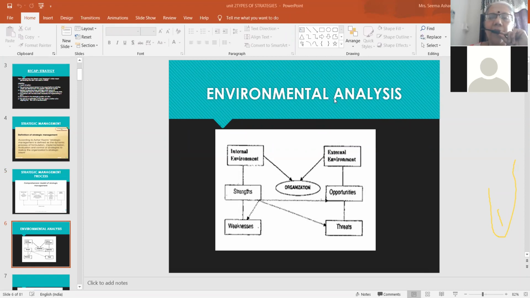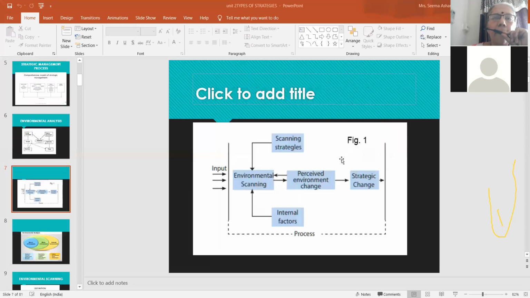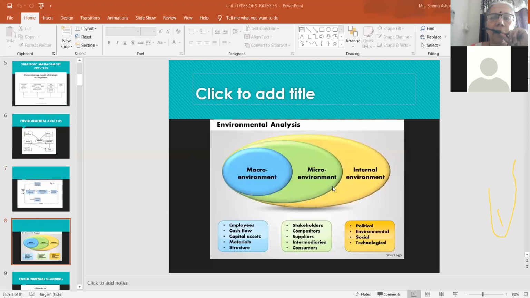When you analyze the environment, you find out that there are two types of business environment: internal business environment and external business environment. The internal business environment will consist of your management philosophy, it will consist of your employees, your financial situation, and so on.